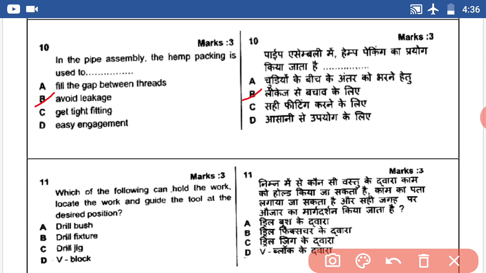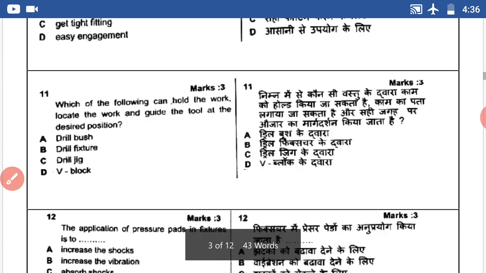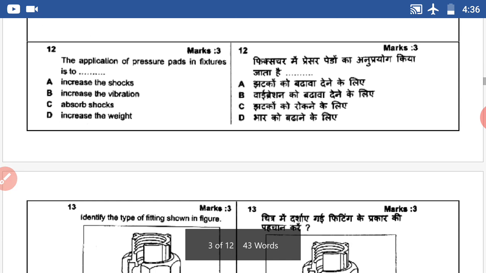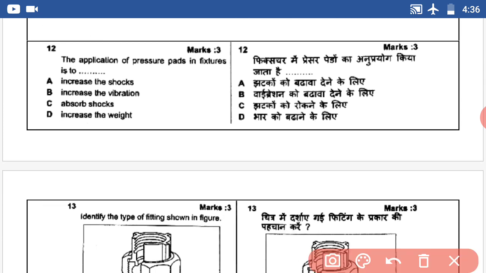Answer C. Question number 12. The application of pressure pad in picture is to dash. This question's answer: absorb shock. Answer C.